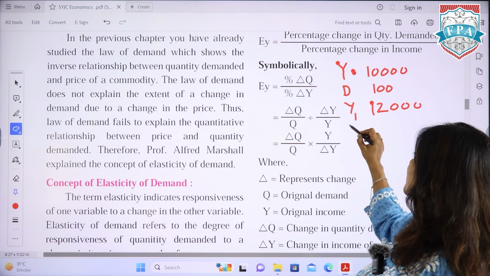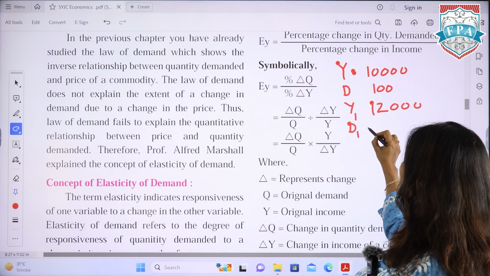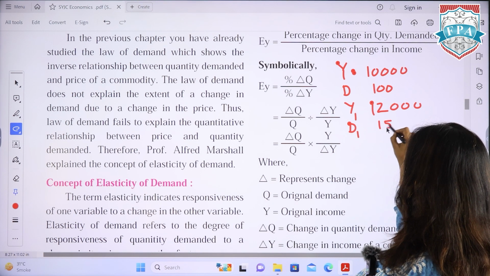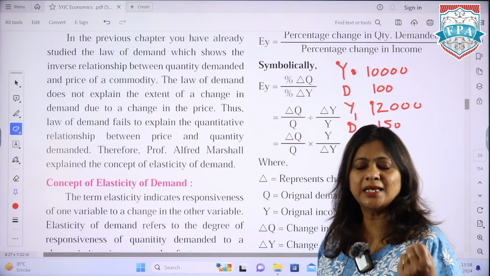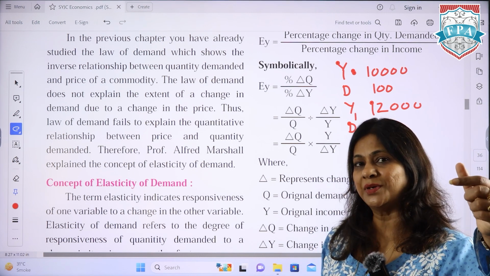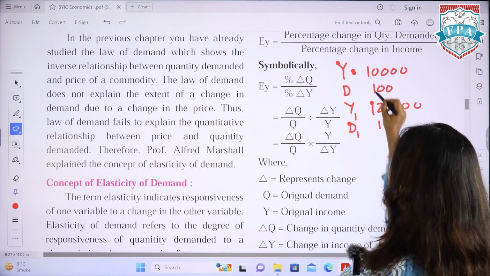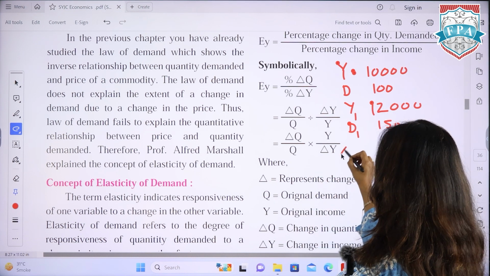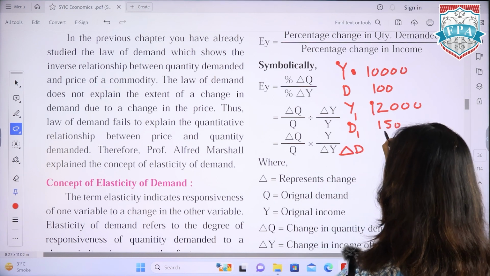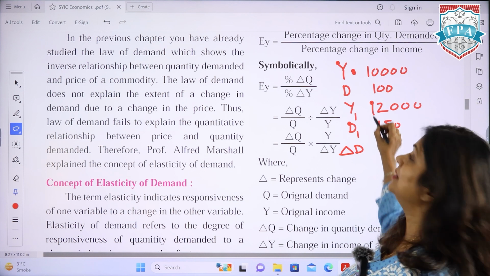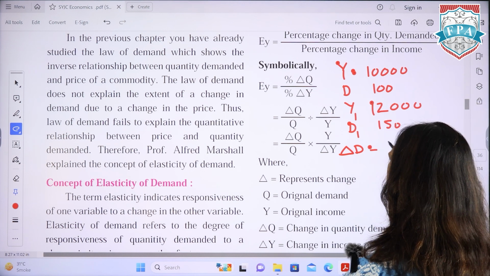And the demand of the product becomes, can I call it D1, is 150. हमने कैसे चेक किया था? हमने बोला कितना चेंज इन क्वांटिटी डिमांडेड है. So it was 150 minus 100. So change in demand is D1 minus D, which is 50.